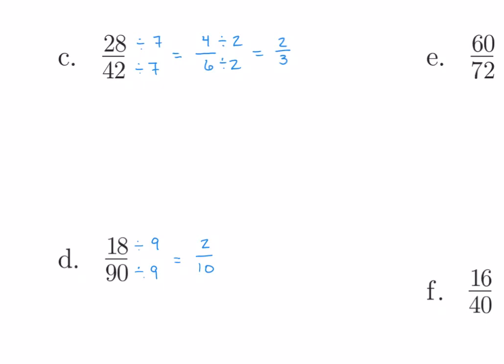This is not in lowest terms. I can continue dividing. Both of these numbers are divisible by 2. And if we divide by 2, we get 2 divided by 2 is 1, 10 divided by 2 is 5. 1/5 is in lowest terms, so we are done here.